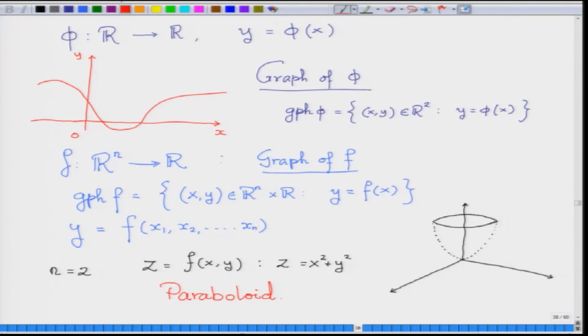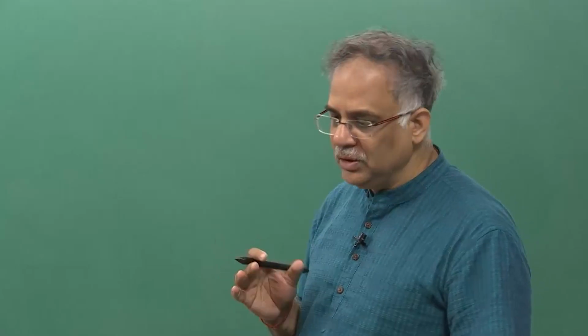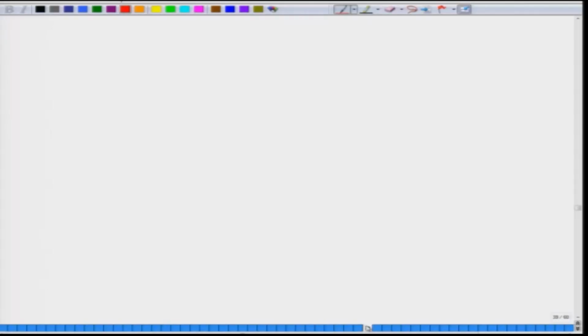Now once you know something about the paraboloid, you can talk about other shapes. So what about other forms of functions, can I visualize them? This was an easy example, I will show you something more. For example, if I talk about an example like this, z again is f(x, y), and this is equal to x square minus y square.